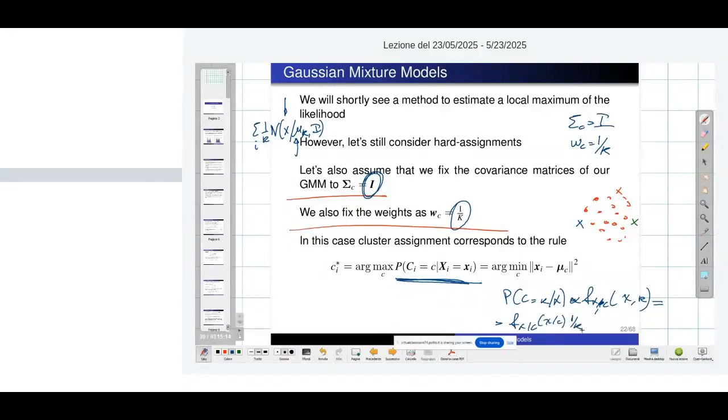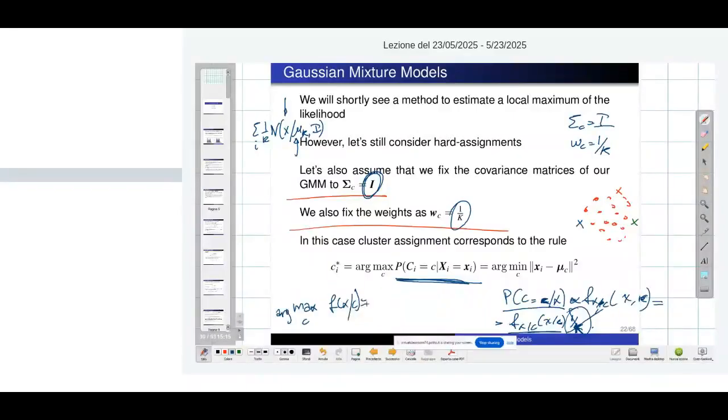The prior is 1 over k, so it's the same for all classes. Sorry, let's not use k. Let's use small c here. This is large k and this is small c. 1 over k is a constant, so it doesn't affect the maximum. I can throw it away, it will not change which is the maximum of the class posterior. It's the same regardless of the cluster. So what decides is the max over c of the class conditional.